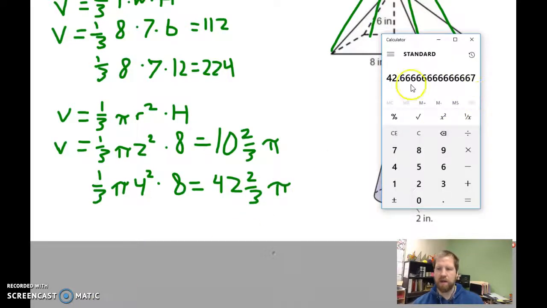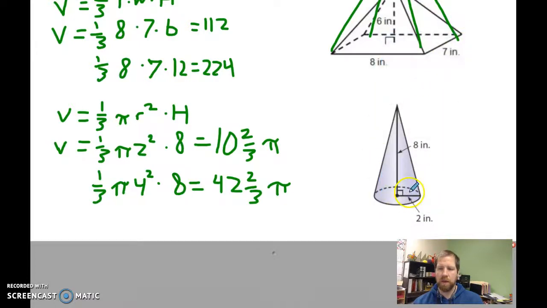And if I divide that by 4, it's not going to be quite perfect all the time because of the decimals, but in this case it does come straight back to 10.666 or 10 2/3. So once again, doubling our radius has the effect of increasing our volume 4 times.